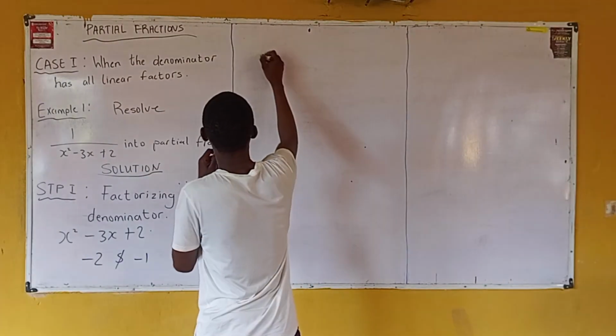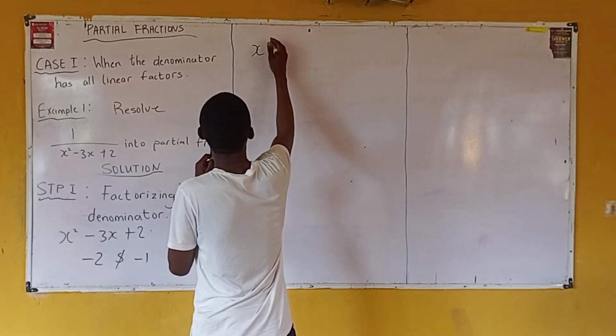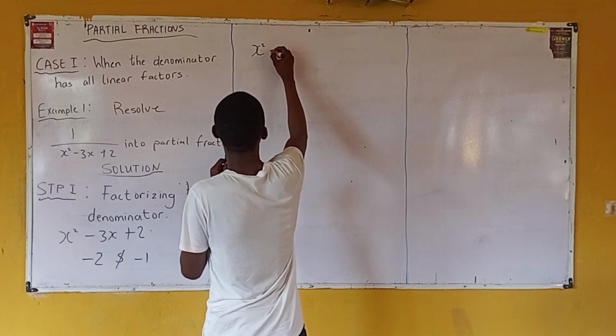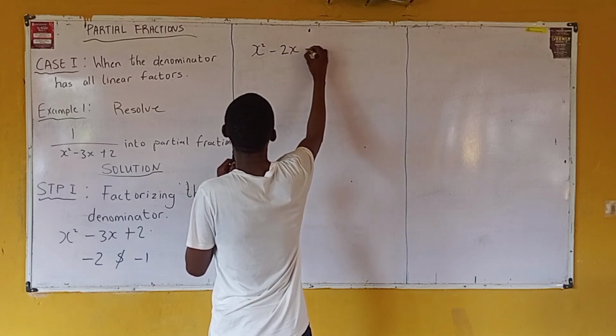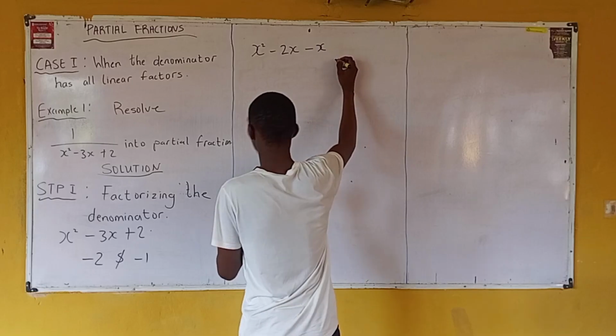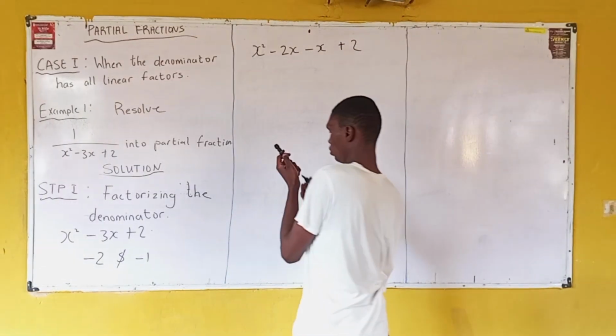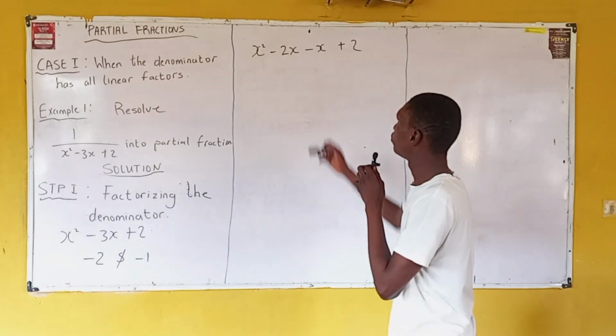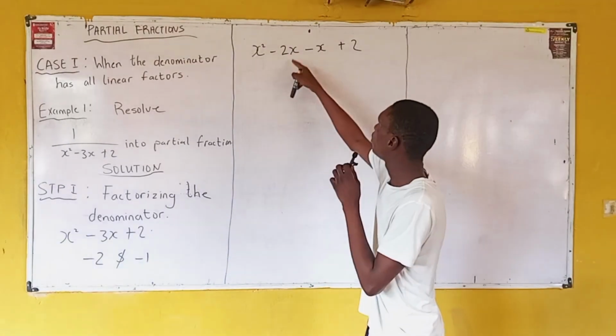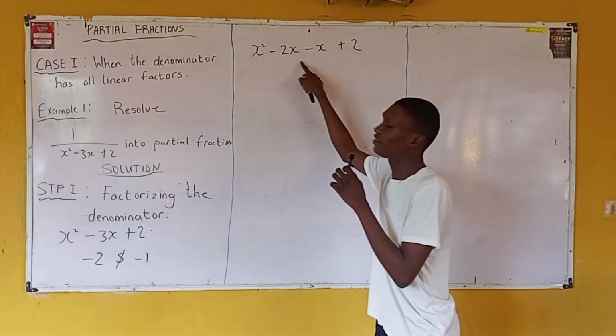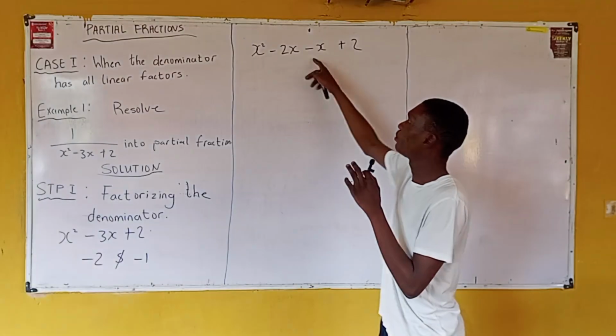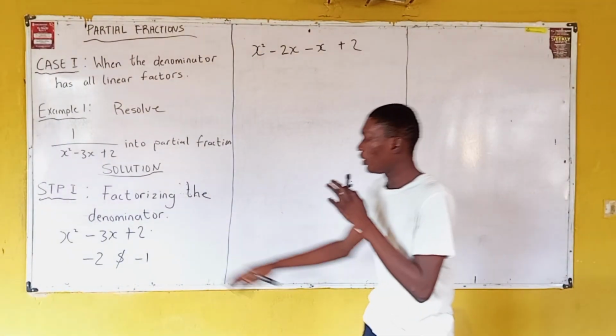So let's look at it. We can simply say x squared minus 2x minus x plus 2. Since they are the same variable, minus 2x minus x will simply give us minus 3x.